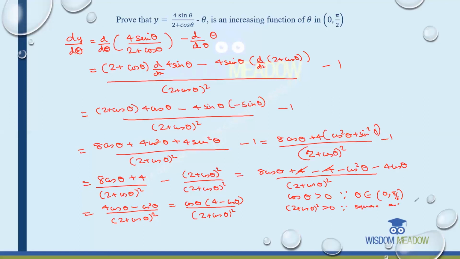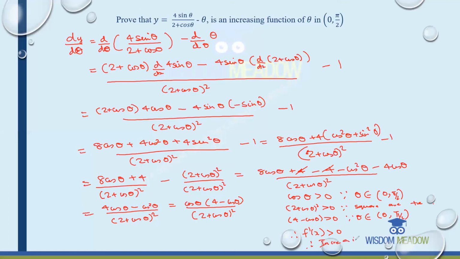And 4 minus cos theta is positive because cos theta is between 0 and 1. We know it's between -1 and 1, but since it's 0 to pi by 2, it's between 0 and 1. So 4 minus any number between 0 and 1 is going to be positive. Therefore, I can say that f dash of x is greater than 0, therefore increasing.